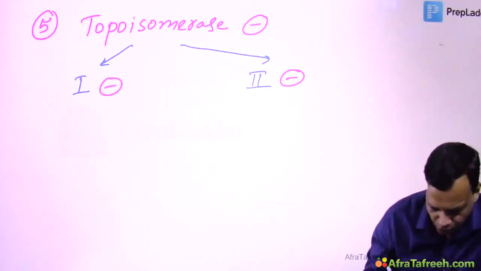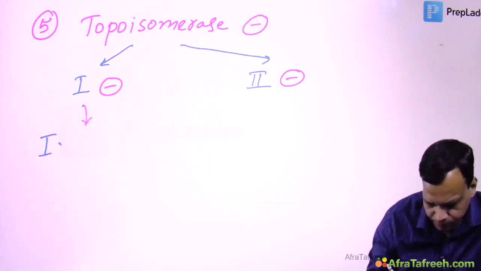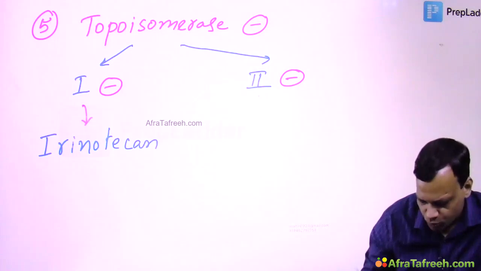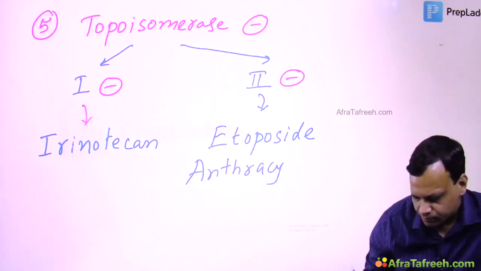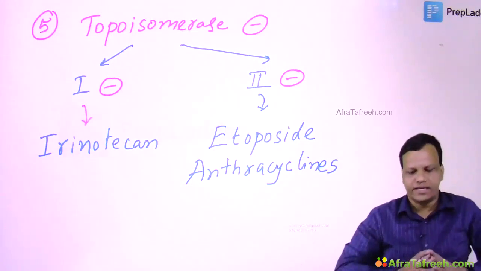The drug inhibiting topoisomerase 1 is irinotecan, and the drugs inhibiting topoisomerase 2 are etoposide and anthracyclines.